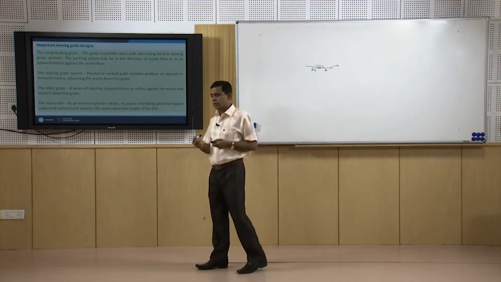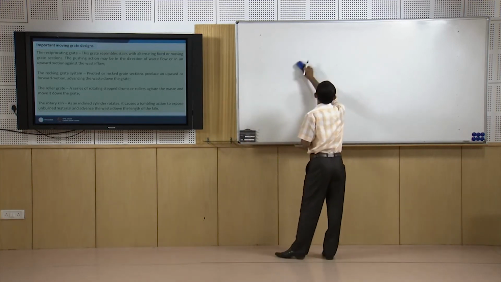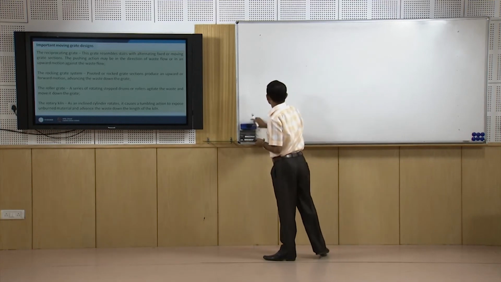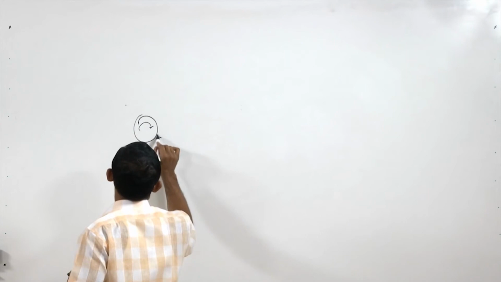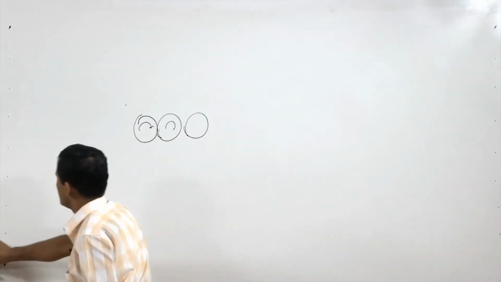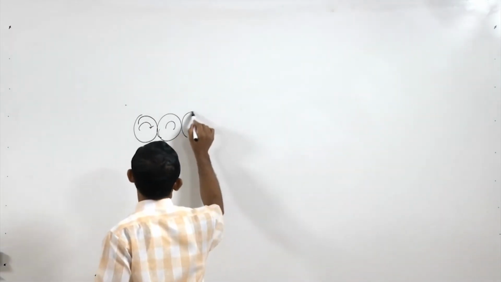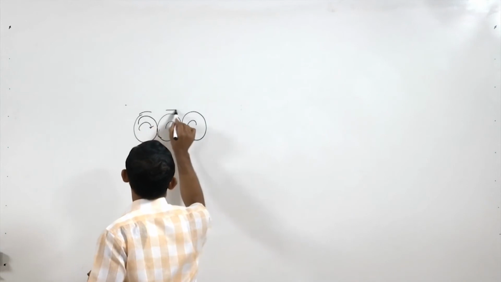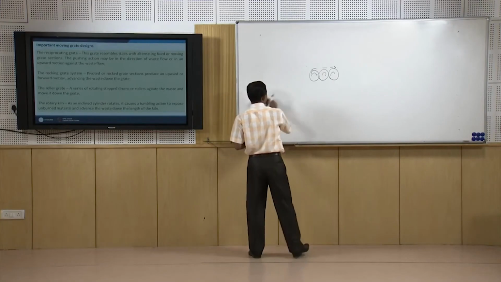And roller grate is made of rollers. So, one roller is there, say. This material is moving that way, another roller is moving that way. So, the solid material will advance from this to this, and this way it will be moving. That is roller grate.